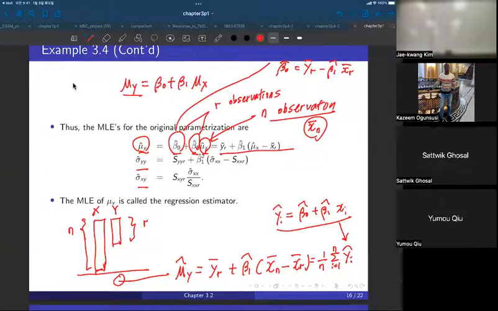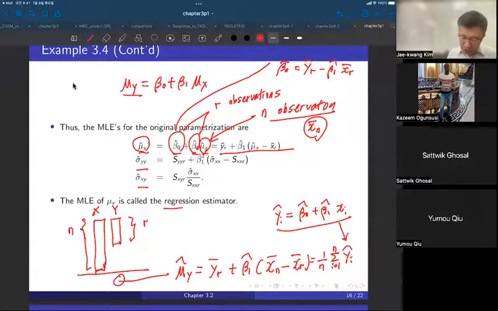Use the R observations, because you observe X and Y together in those R observations. Because you have both, you can train and build a model, and then use that to predict. That is this one. That turns out to be the best way.